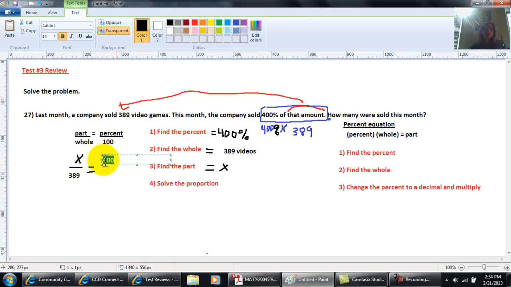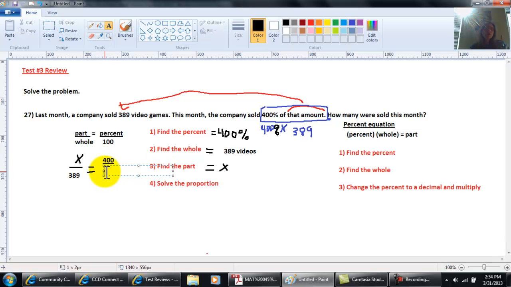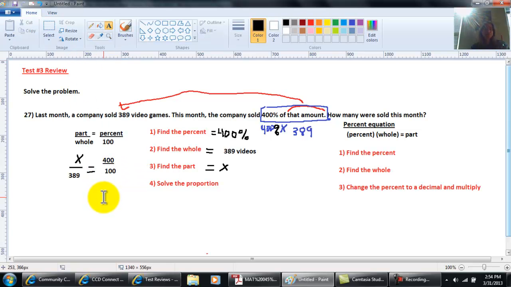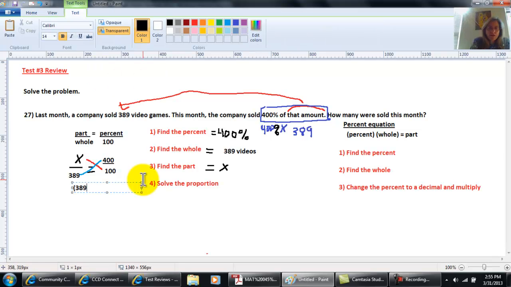We're not using the percent sign in this case because we're putting that number over 100, which eliminates the need for the percent sign. And now we're solving a proportion. X times the 100 and the 389 times the 400, and we set those equal to each other. 389 times 400 equals 100 times X.